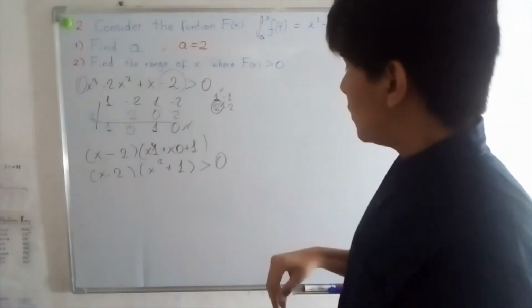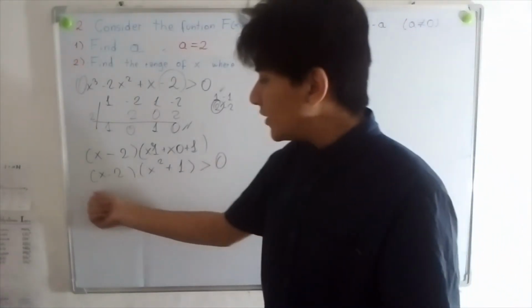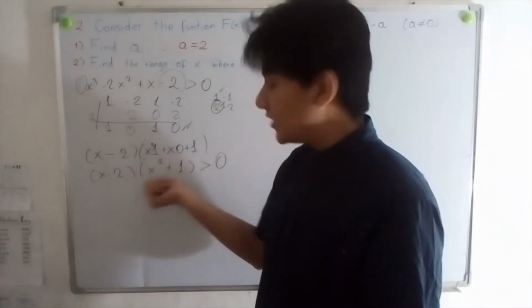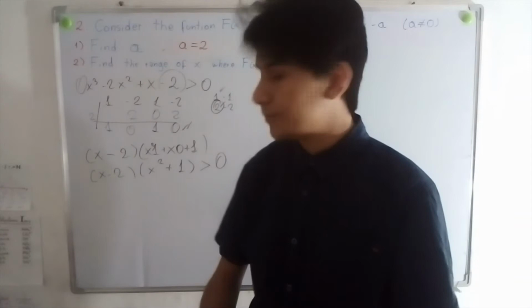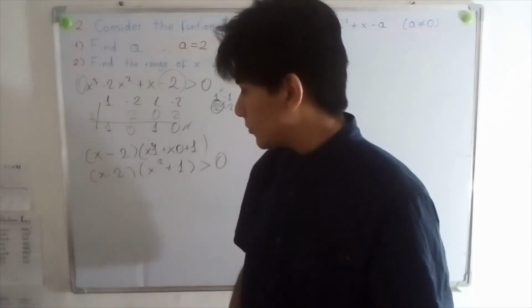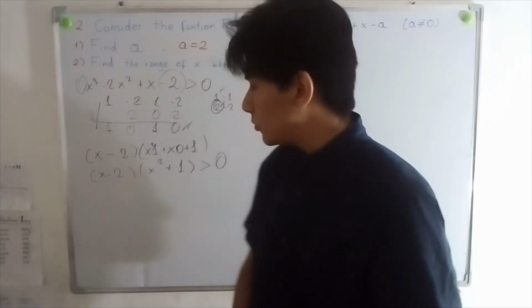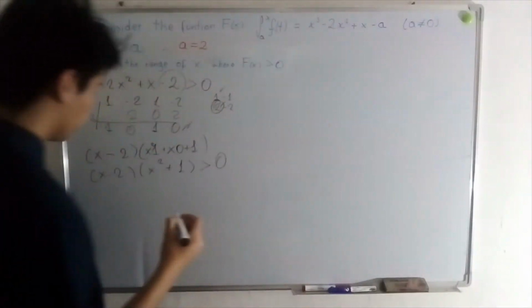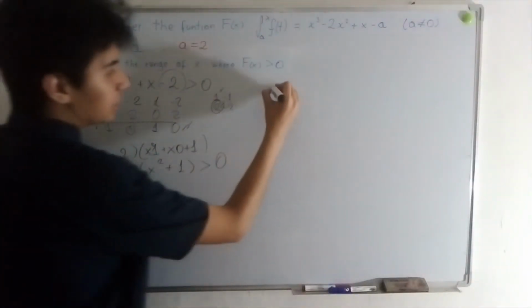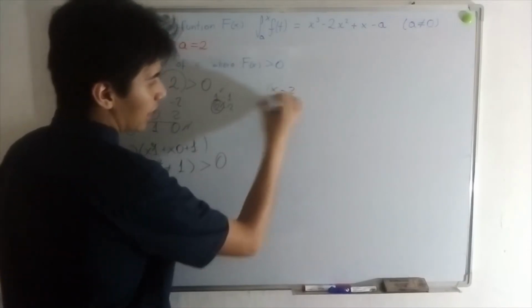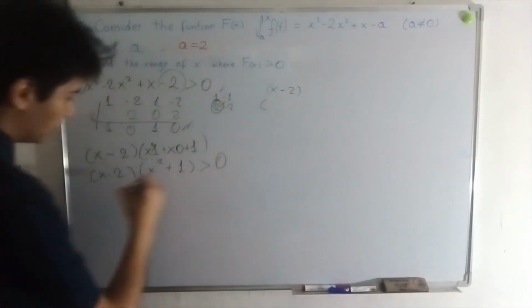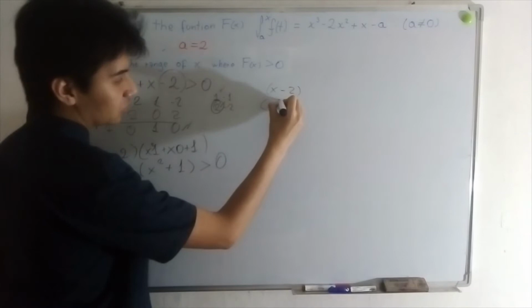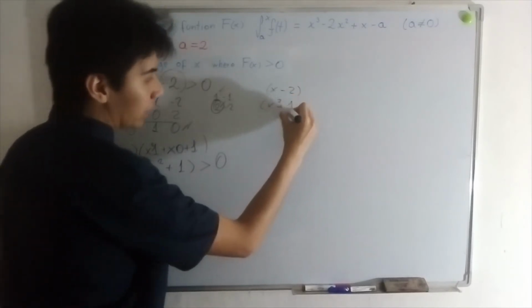When is this expression greater than zero? Let's go and see. This is the first expression, x minus 2, and this is the second, x squared plus 1.